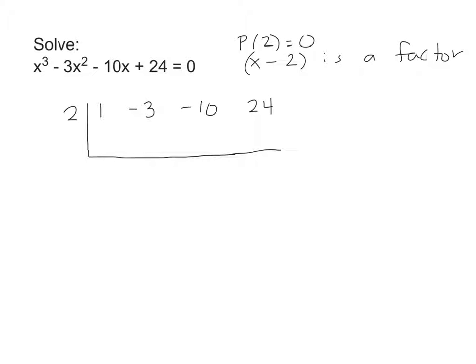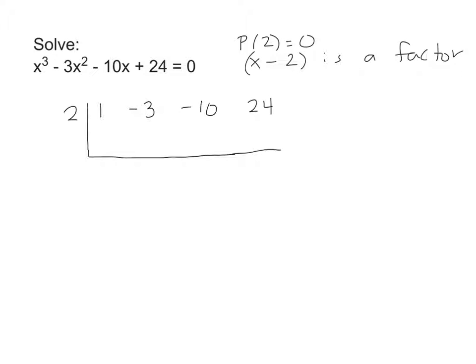Now that you've had a chance to try it, just to save time, P of 2 equals 0. But do you know how I knew to try the 2? Those are the potential zeros. They're the factors of 24, the factors of the constant term.